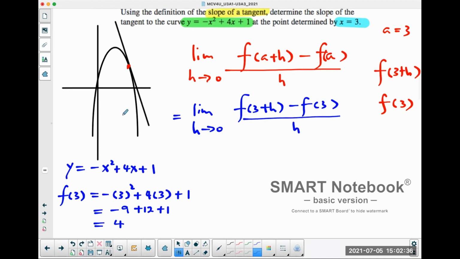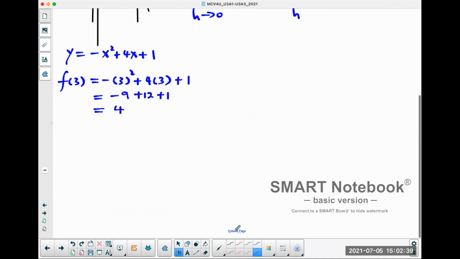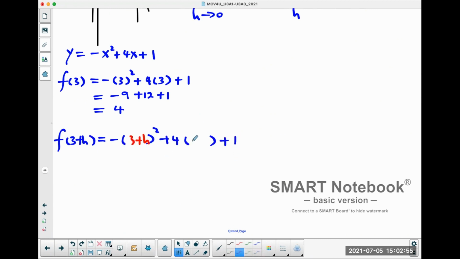Now, what's f at 3 plus h? Again, if you want, you can do this on the side. f at 3 plus h. Anytime you see x, you put a bracket and you put in what's inside. So here it's 3 plus h, and that's 3 plus h. So expand and simplify a little bit here. You do require some algebra skills: 9, 6h, h squared, 12, 4h.